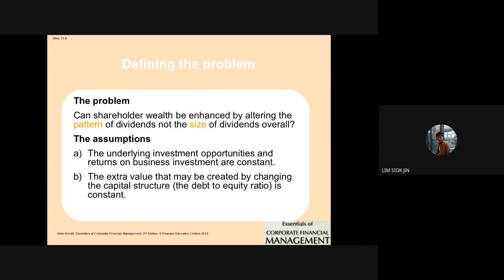If you remember how to construct an income statement, it always starts with sales. Sales minus cost of goods sold, then you get your gross income. Then gross income minus all other expenses, like operating expenses and all sort of things, then you get operating income.